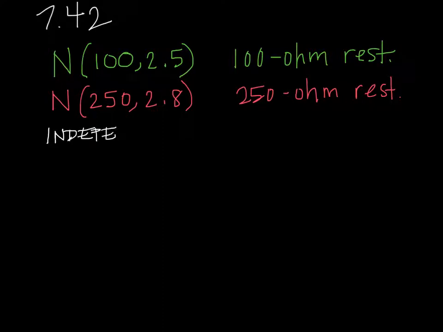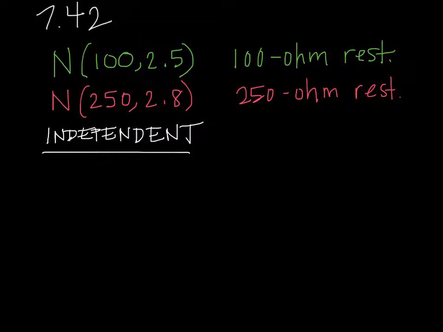As we combine these two resistors, as we combine their distributions, we need to know that the processes are independent of one another in order to combine their variances. We could combine their means regardless, but we can't combine their standard deviations if they're not independent. So if this independence piece were omitted from the problem, we wouldn't be able to do anything with the variance or the standard deviation. All right, moving on.